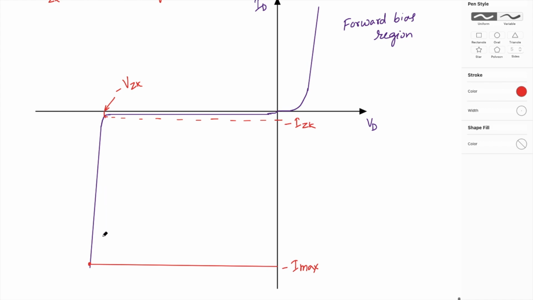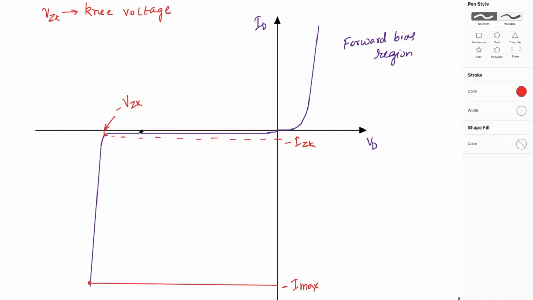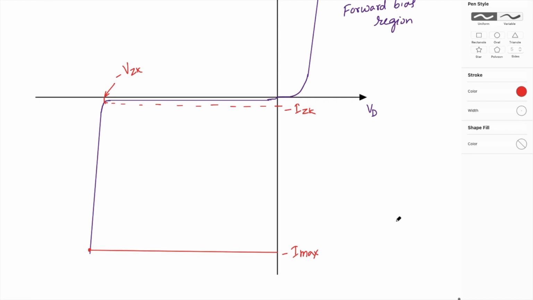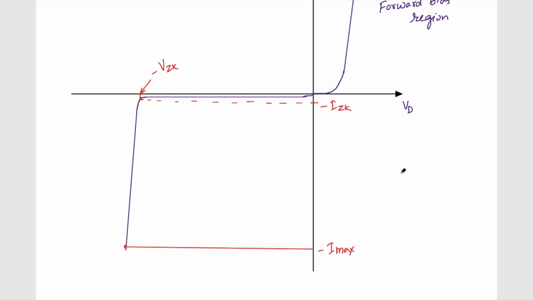Even though it is a breakdown, the properties of the diode will not be affected, and I can still reuse it. But if it crosses this Imax current, there is a possibility that the diode can be spoiled. This kind of diode, which is used in the reverse bias region, is called the Zener diode, and it is represented by this symbol.